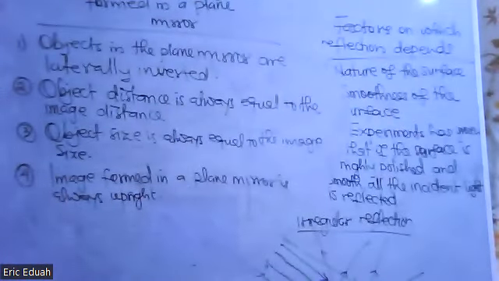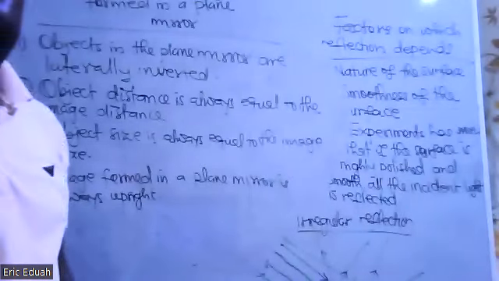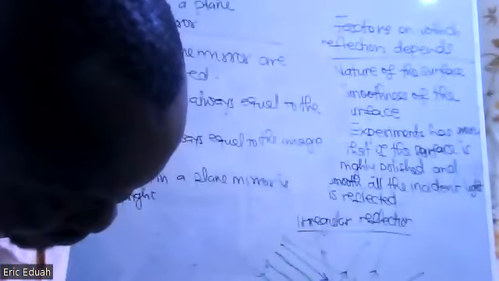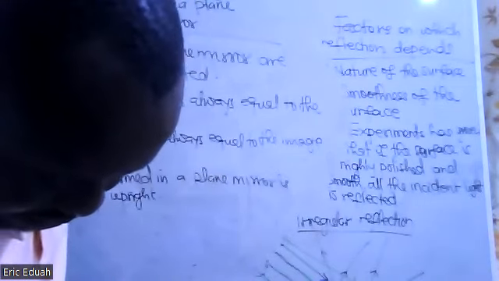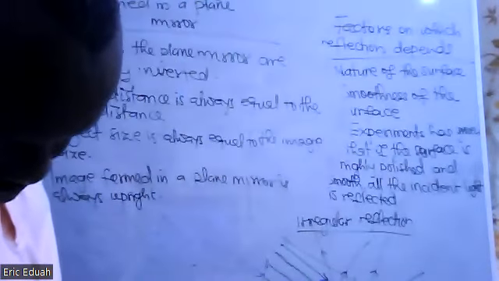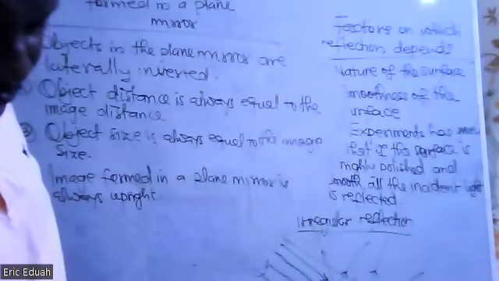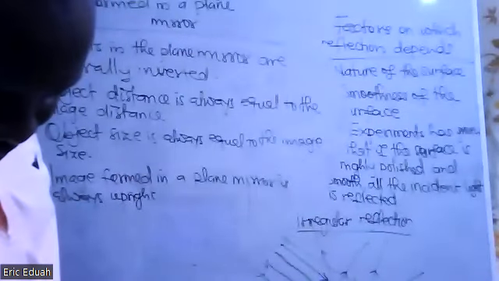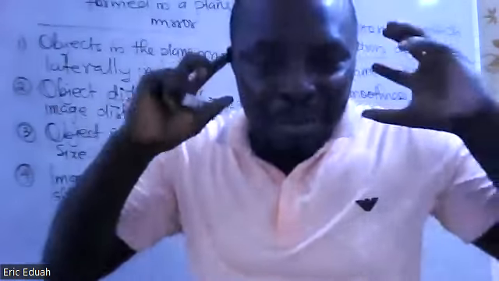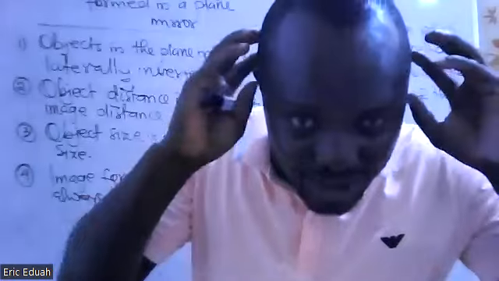Please, I have a question. You mentioned that the image formed in the retina of the eyes is inverted, but then we still see people normal. Yes, it's true. That normalization is done by your brain.